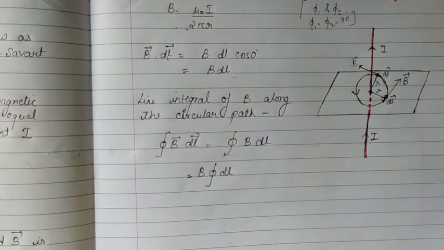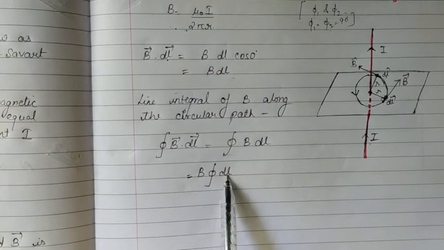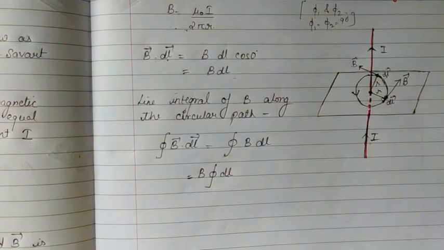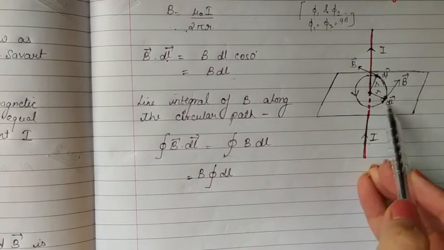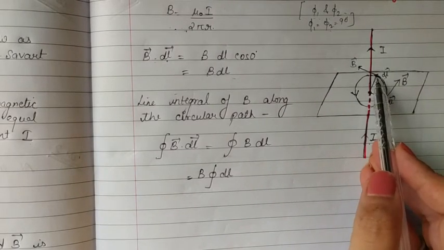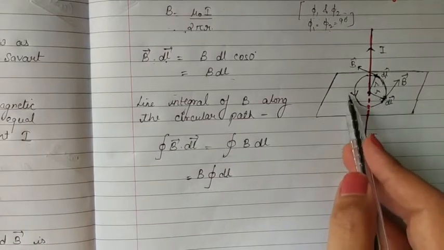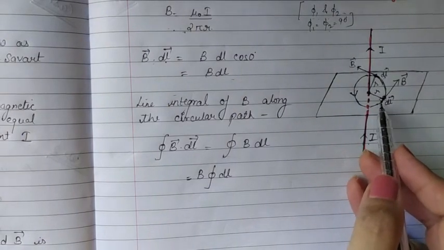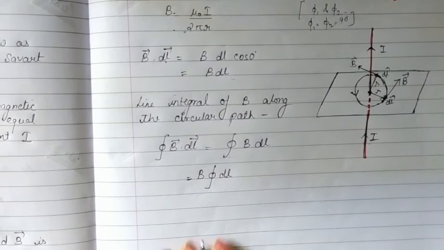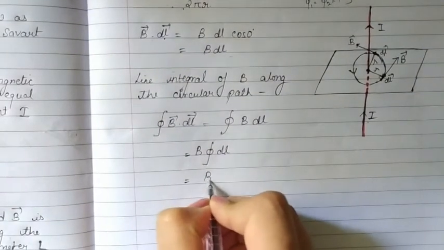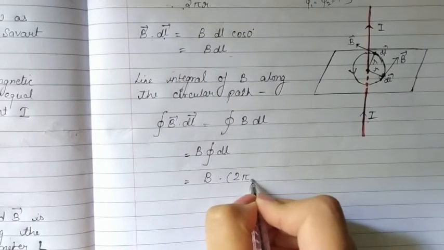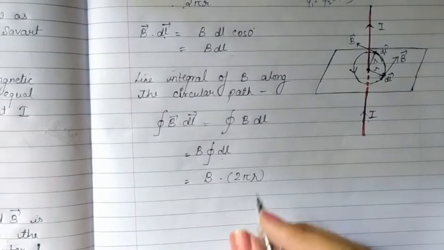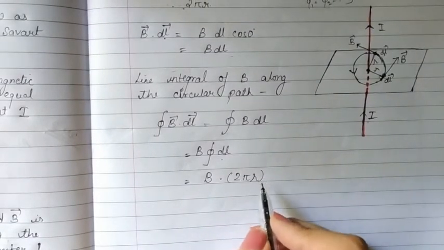Now the closed integral of dl shows the line integral of dl over this closed circuit or the circle, so this will be equal to the whole length of this circle, and the whole length of the circle is actually the circumference of this circle of radius r. So we can write it as B into 2 pi r, since the integral of dl is the total length of the circle.